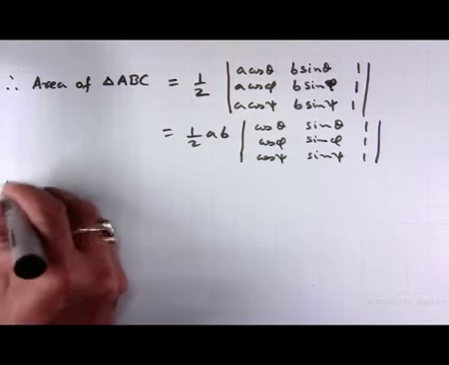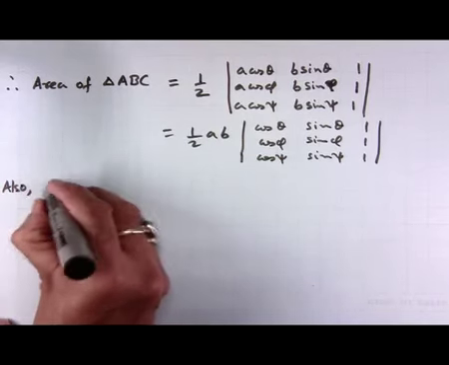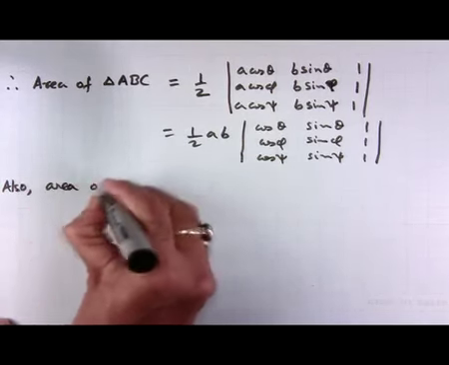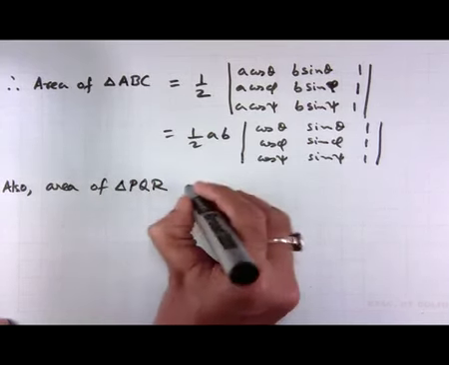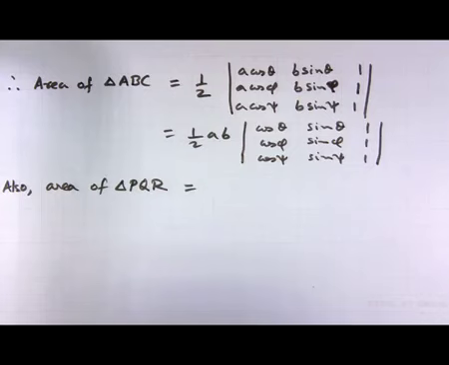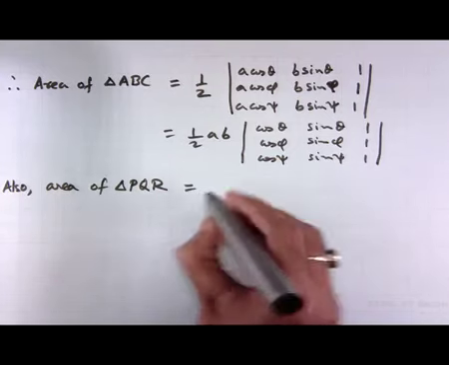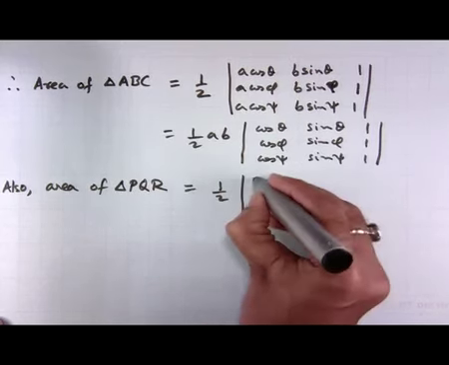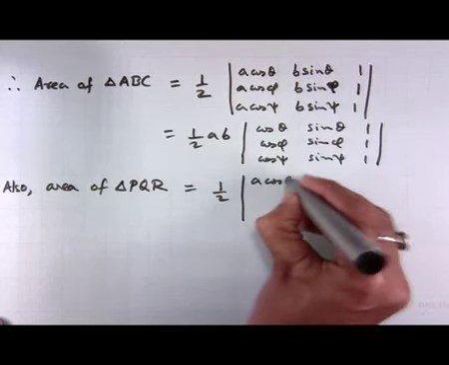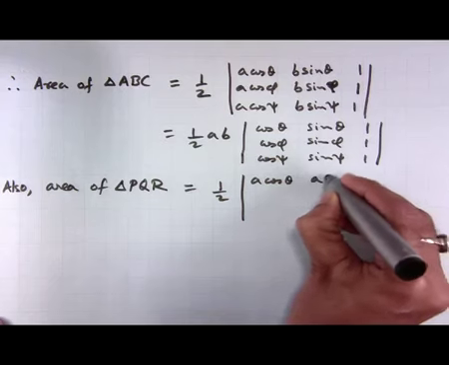Also, what is area of triangle PQR, where now PQR are points on the auxiliary circle of radius A. So, here the difference is only the y coordinates: instead of B sin theta I have A sin theta.